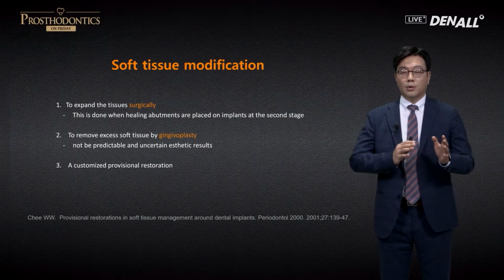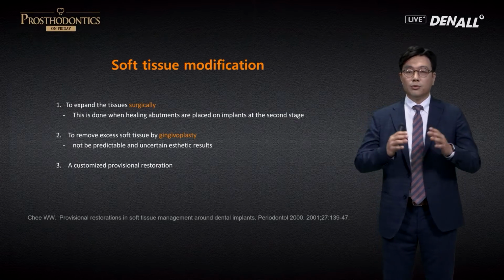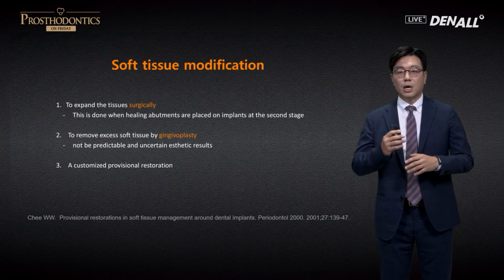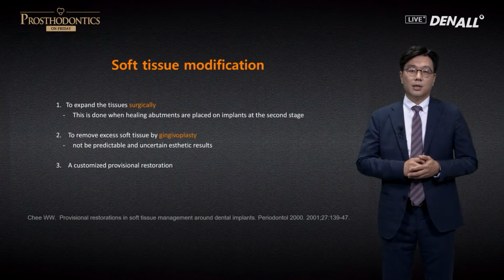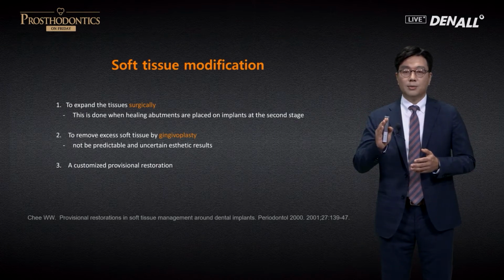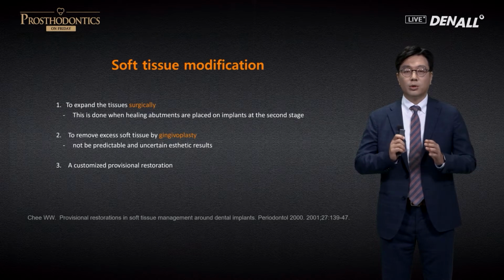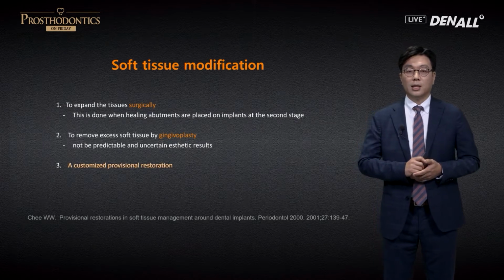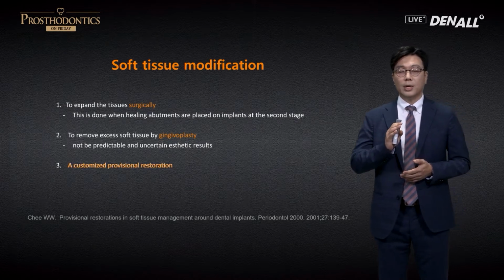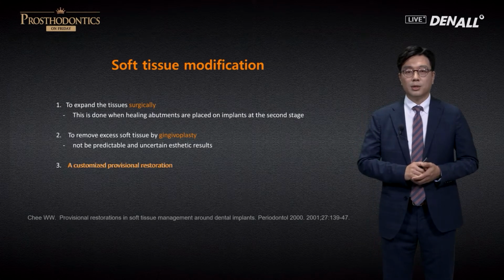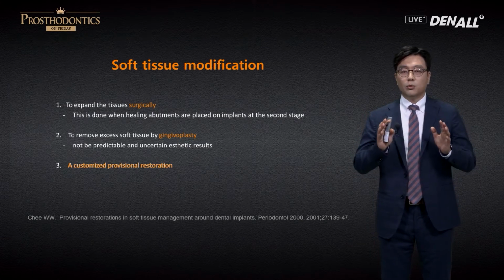Soft tissue modification, we can do the CT graft surgically, and gingivoplasty can be used to trim gingiva. Prosthodontically, a customized provisional restoration is the only way to do that.